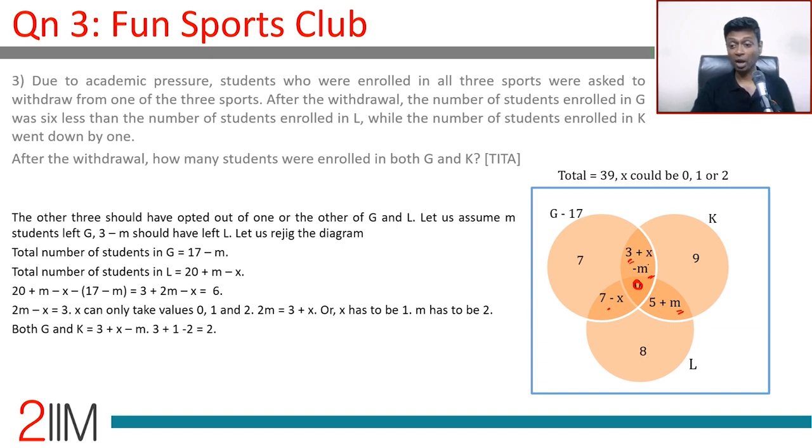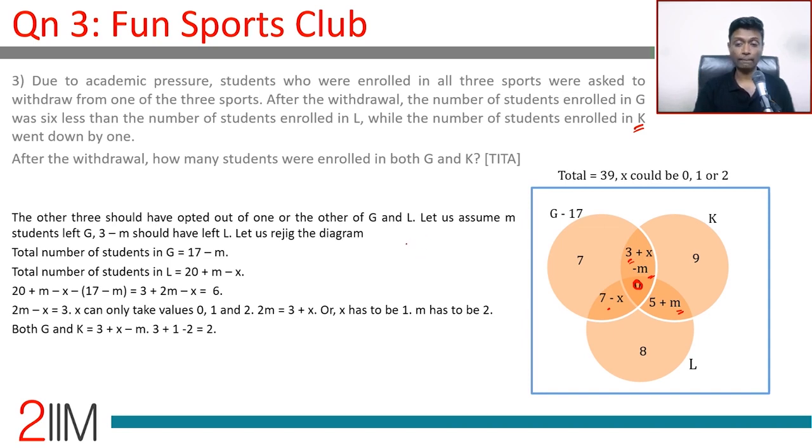Now we've accounted for the idea that the number of students enrolled in K went down by 1. We have not accounted for the idea that the number of students enrolled in G was 6 less than the number enrolled in L. G is 7, 14 minus X plus 3, 17 plus X minus X, and plus X get cancelled.